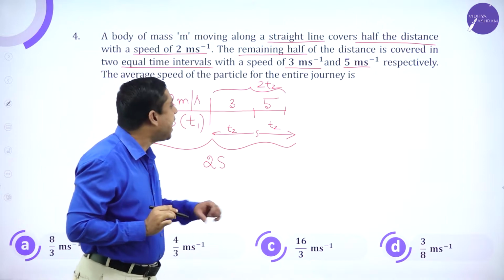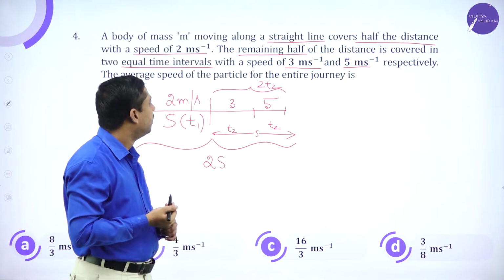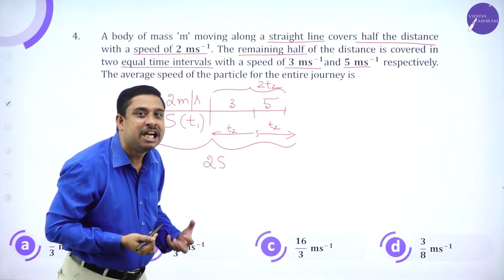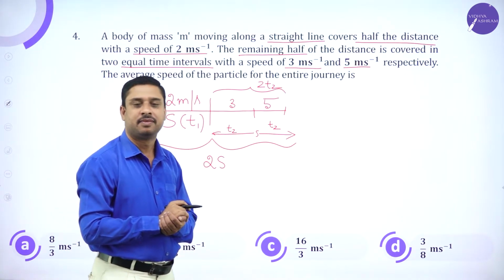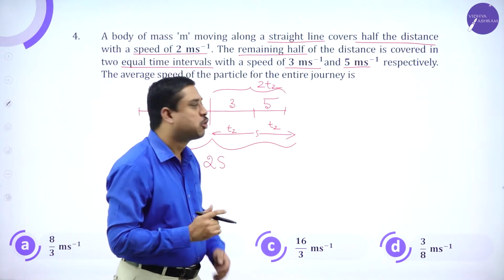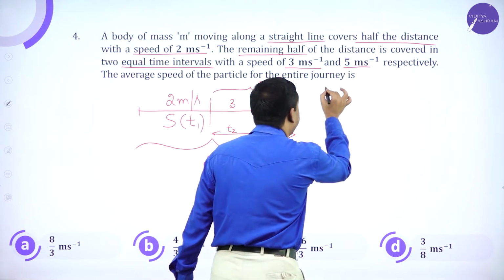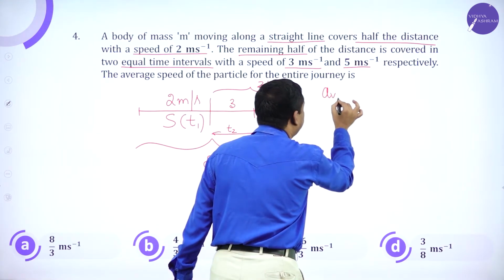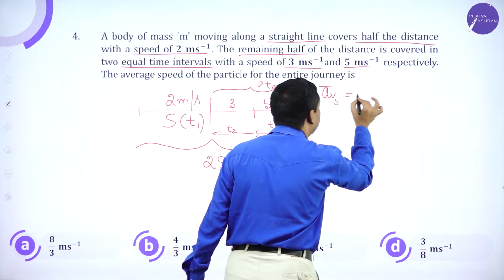The average speed for the entire journey is asked. Let us go back to the definition of average speed.